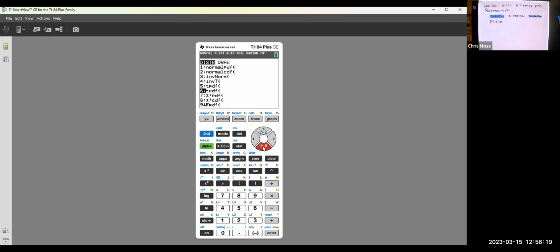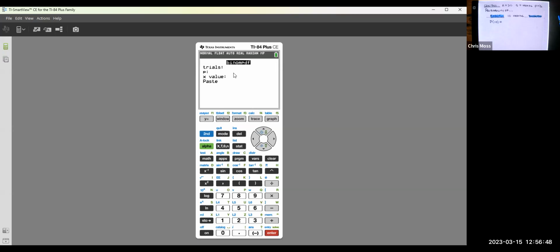And if I scroll down, I've got to scroll down quite a bit. And there are different numbers on different versions of the TI-84. But there is my binomial PDF function and my binomial CDF function. Now, let me select the PDF function. And before I type in anything else, I want to point something out.